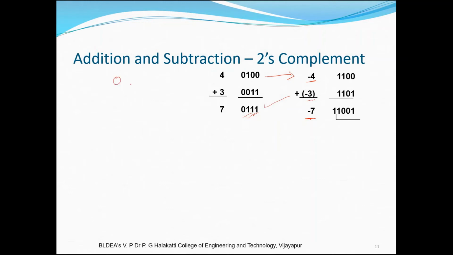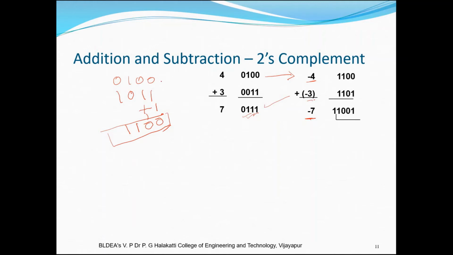To convert it, I have to take 1's complement first. To this 1's complement, I have to add 1 so that I will get a number after performing this. So this is my number in 2's complement.